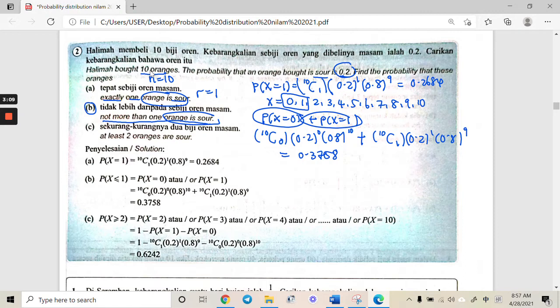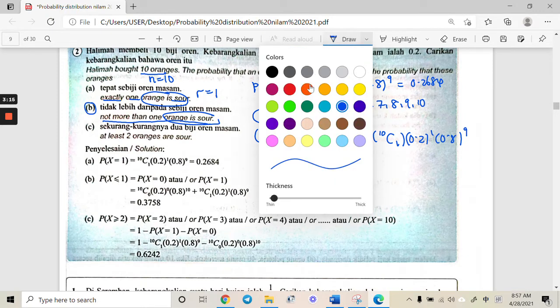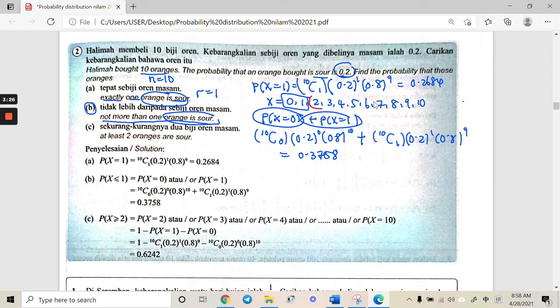So let's say question C: at least 2 oranges are sour. At least 2, meaning sekurang-kurangnya 2. So at least 2, what is the x value? 0 until 10, right? So at least 2 means from here, 2 onwards.